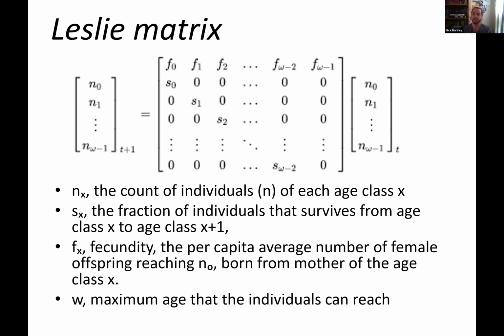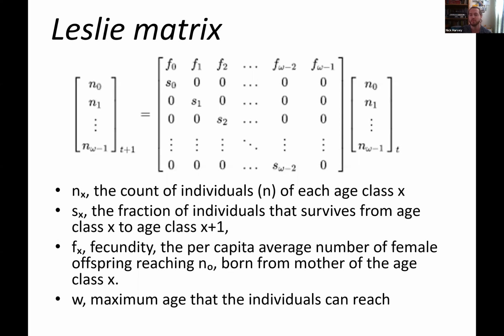So once we've constructed our Leslie matrix, which includes our survival and fecundity probabilities, we can use that to project our population into the future. What we do is use this Leslie matrix in combination with a matrix that shows our population structure for time t, for a particular year.